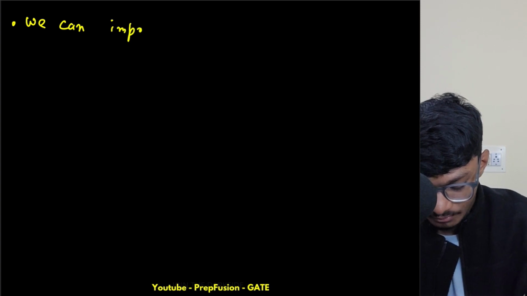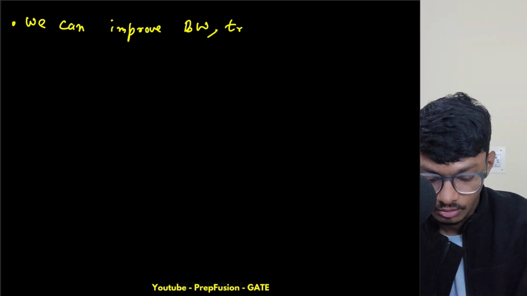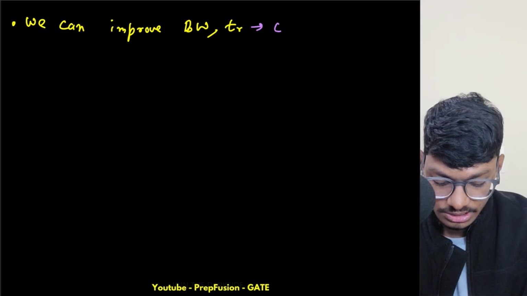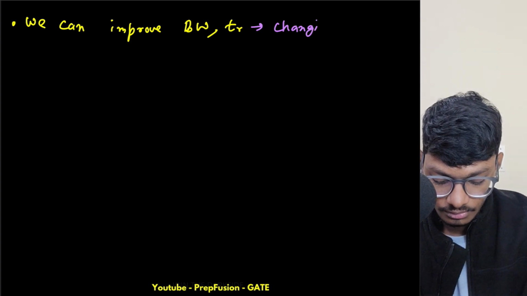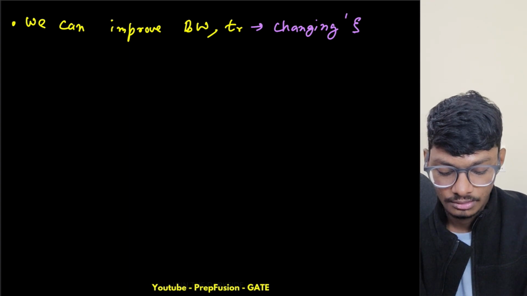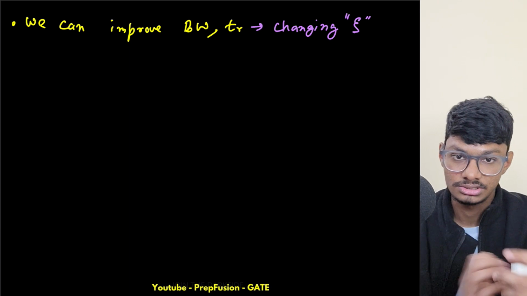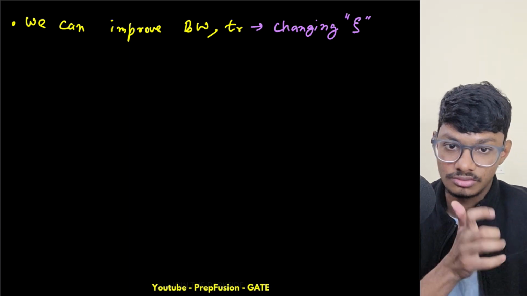We can improve bandwidth, T rise, all this by changing zeta or some other parameters. I'm mainly talking about zeta here. And how can we change the zeta? We can change the zeta simply by changing the pole locations of the system.